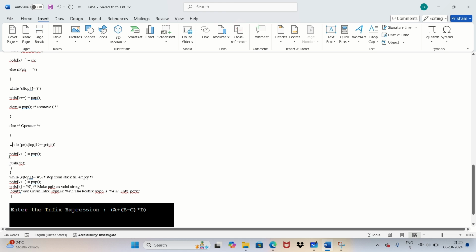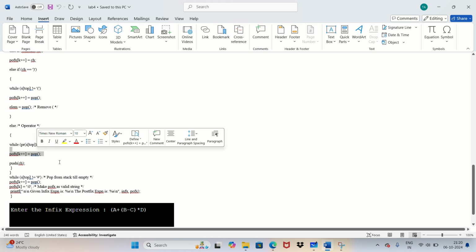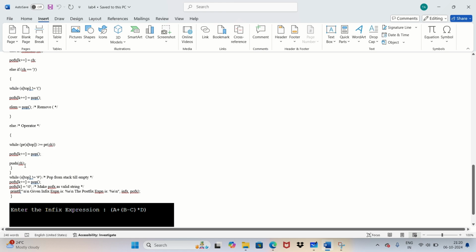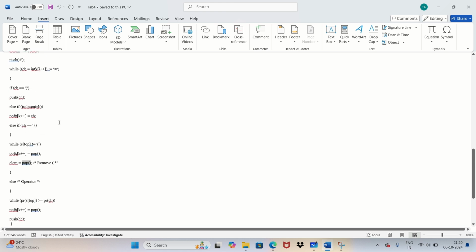As you know, if there is only one statement for the loop, this is a while loop, we don't put brackets. That's why for this loop there is only one statement, that is this. Otherwise you're going to push. I have not yet looked at the pop function.